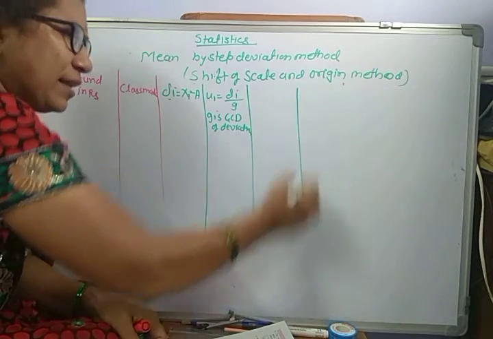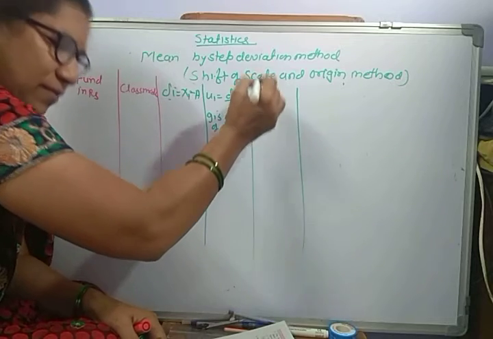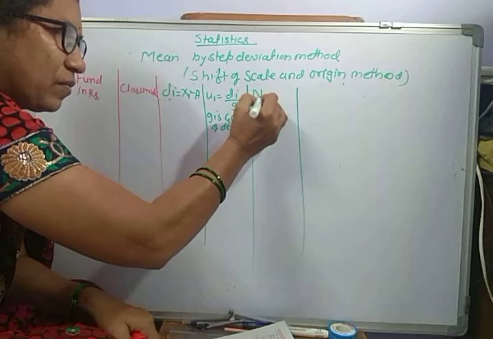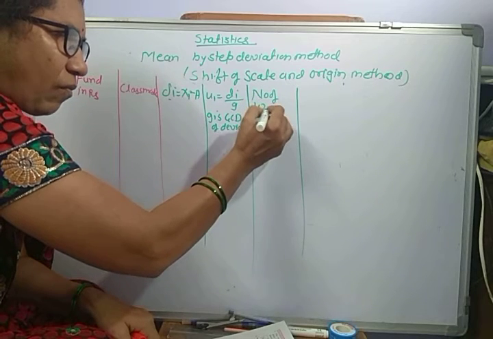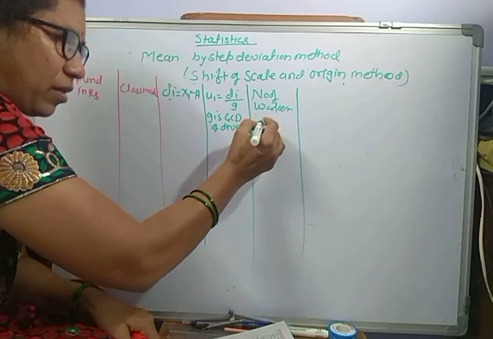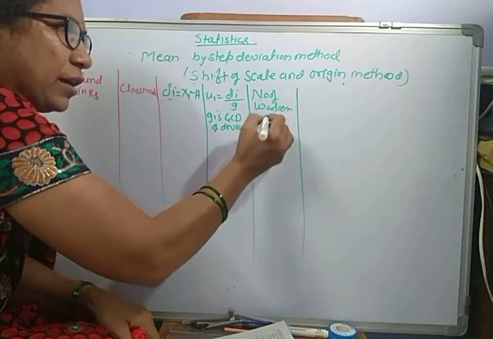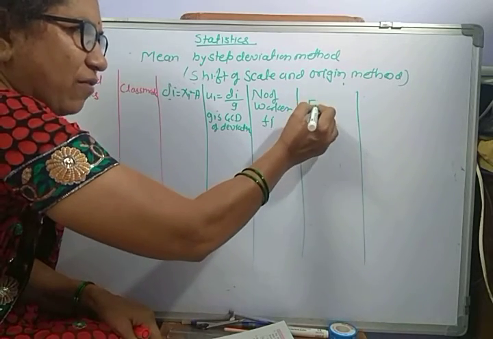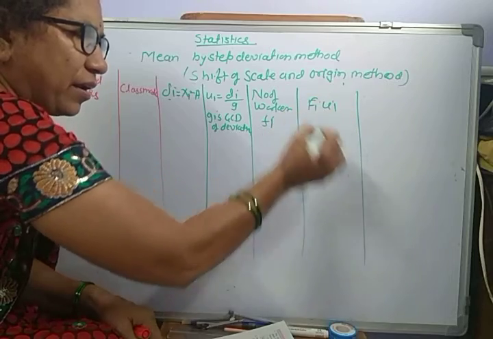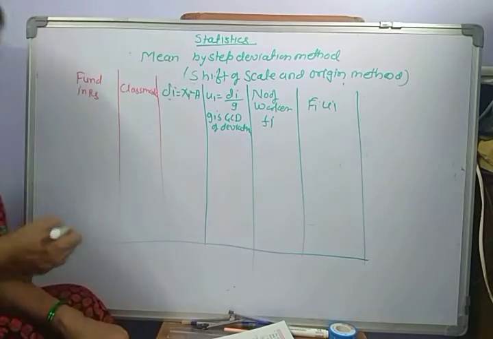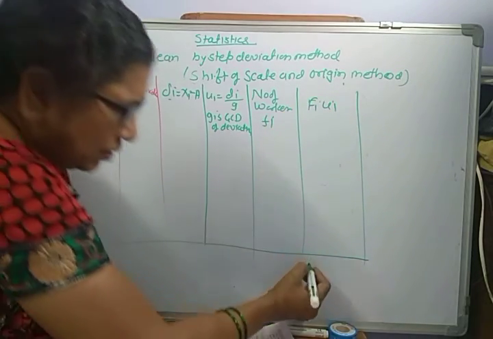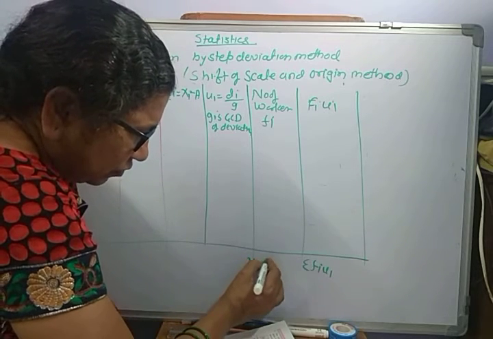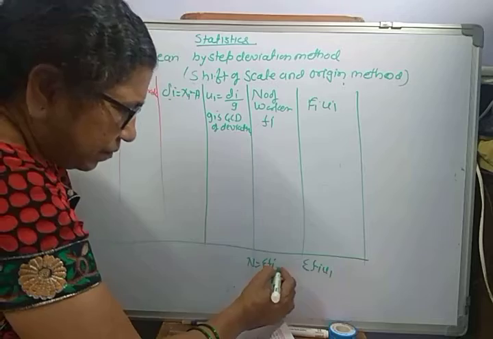And at last there are frequencies. What is it? Number of workers. It is fi. Last we have to find fiui. And here it will be summation fiui. Here n is equal to summation fi.